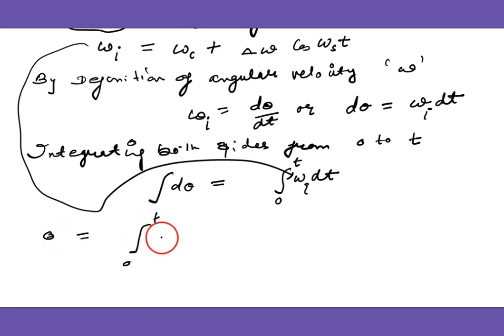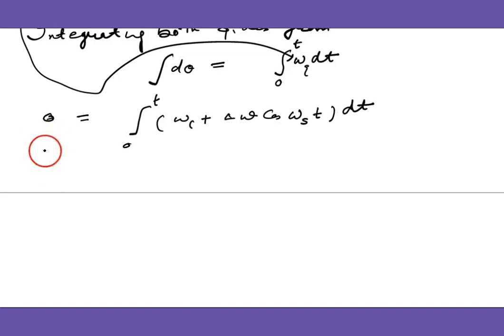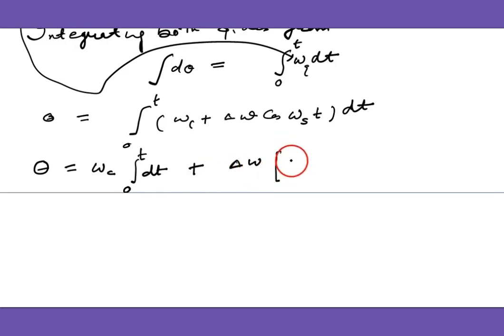So theta becomes, substituting omega i here, and the integration of cos is sin omega st over omega s.